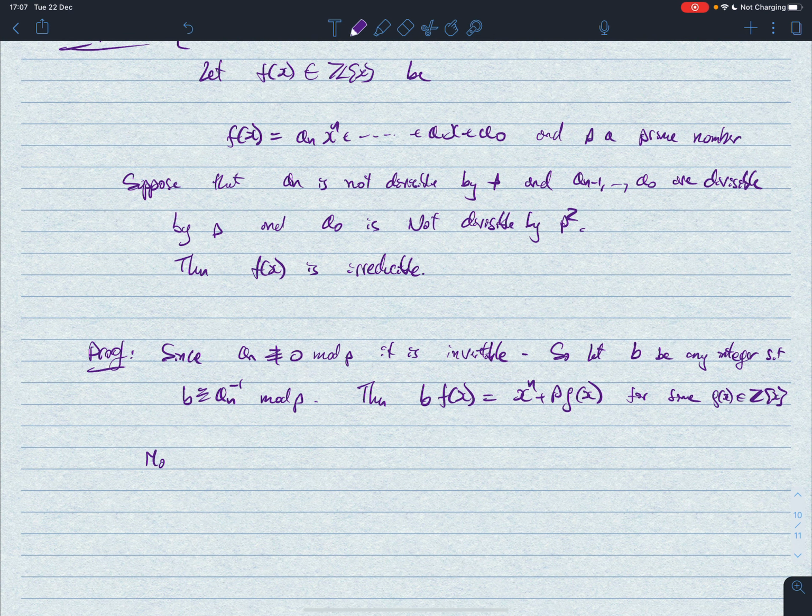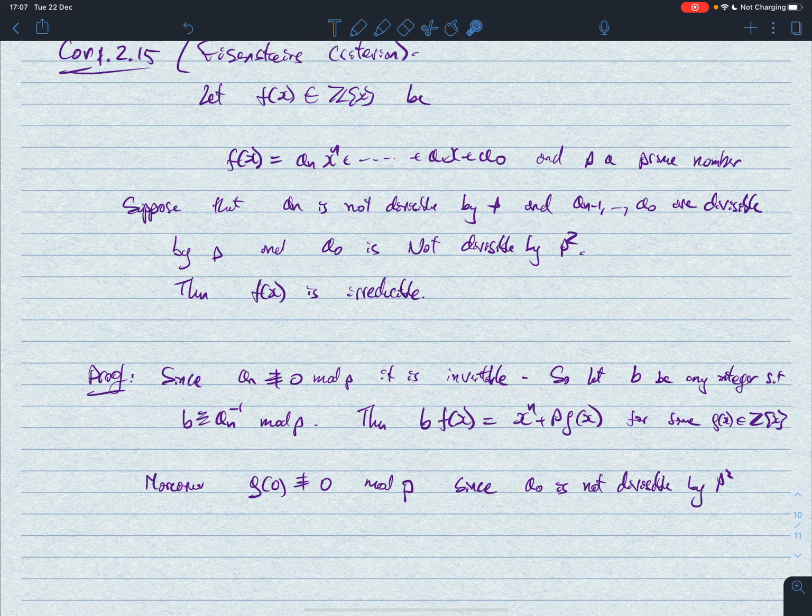Moreover, g of 0 is not 0 mod p, since a_0 is not divisible by p squared.